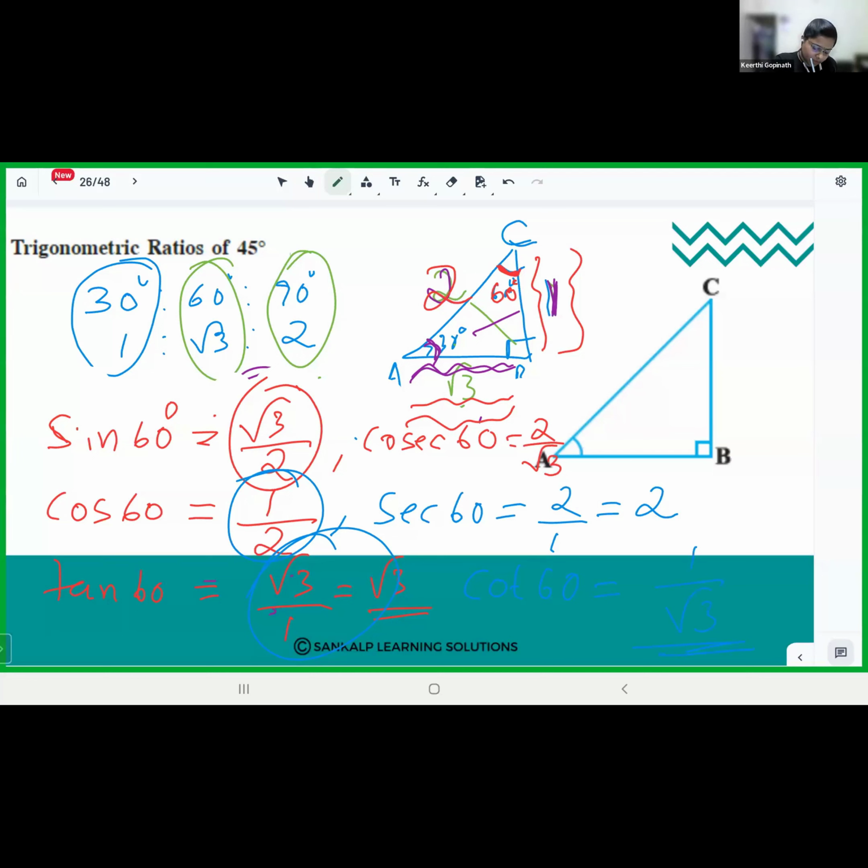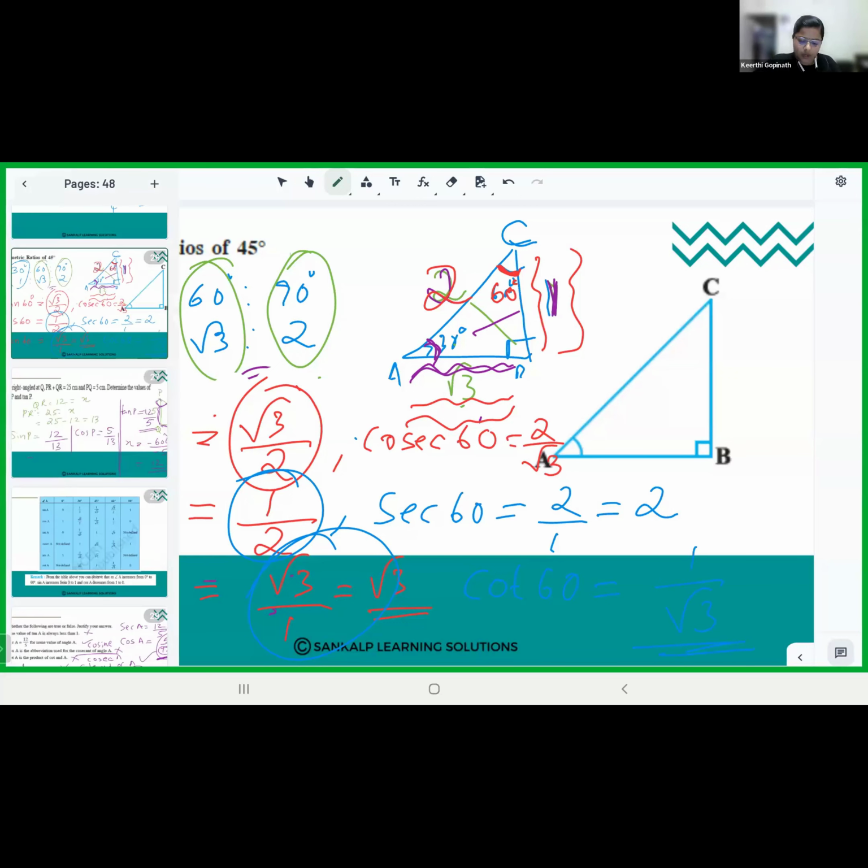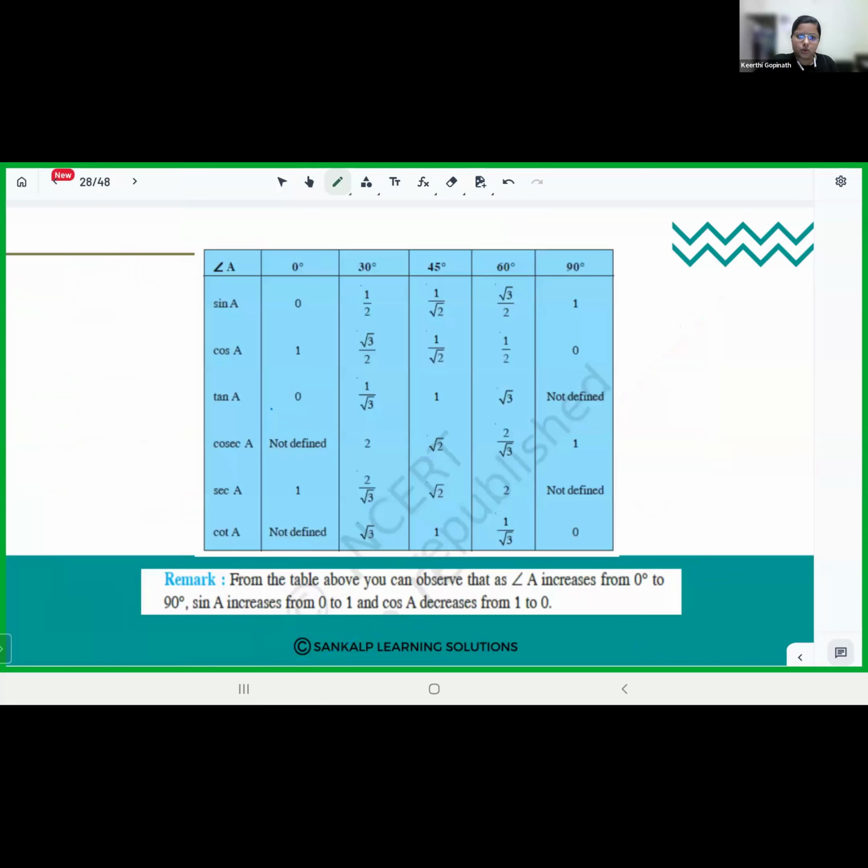Now I'll show you a table showing all these values. I hope you are able to see the slide. Here you can see that angle A is increasing from 0 degree to 90 degree, and all the trigonometric ratios are given.